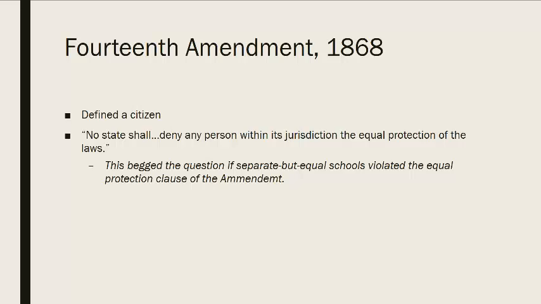So let's look at the 14th Amendment. The 14th Amendment is a real important amendment. As we have talked about throughout the class, the 14th Amendment is the one that incorporates the Bill of Rights down to the state level. Keep in mind the Bill of Rights initially applied to the federal government and did not apply to states, but through the 14th Amendment that talks about equal protection and due process, those have been brought to the state level in a process called incorporation.